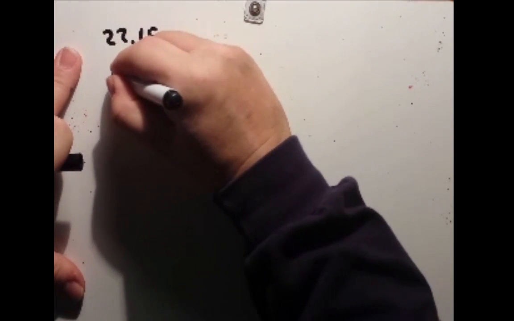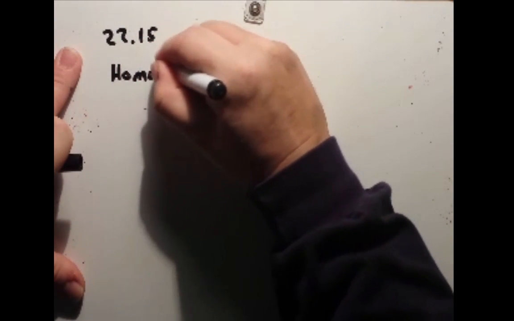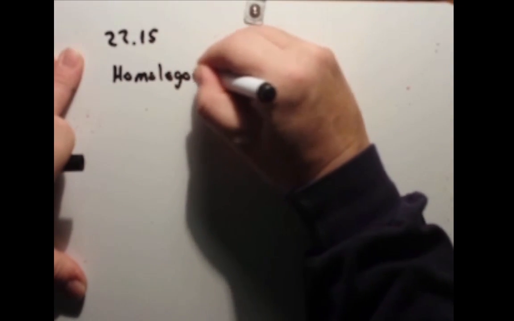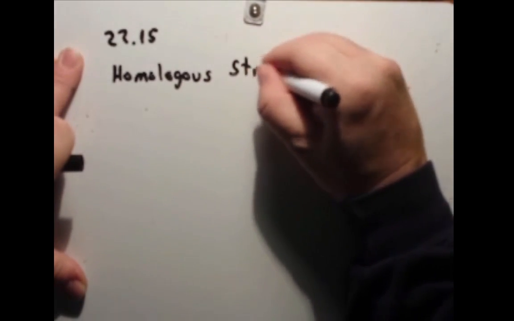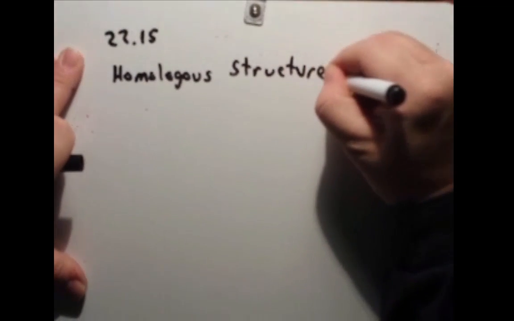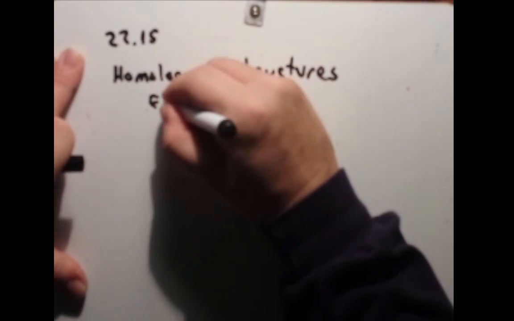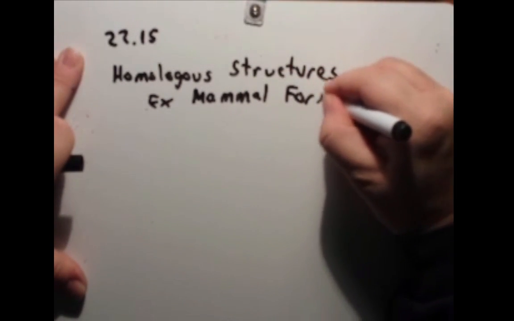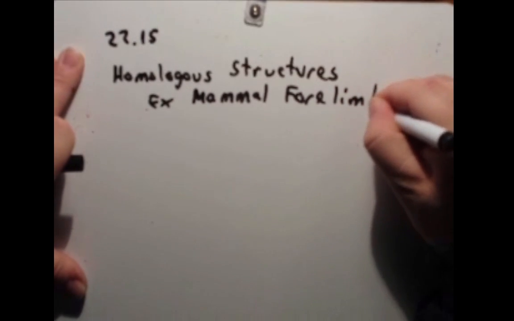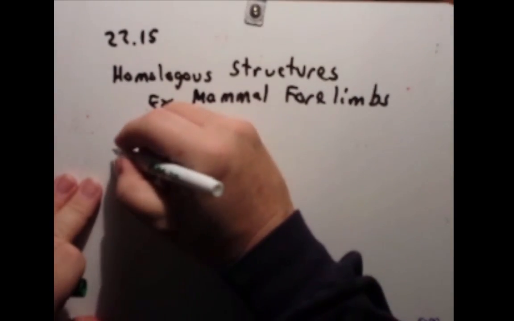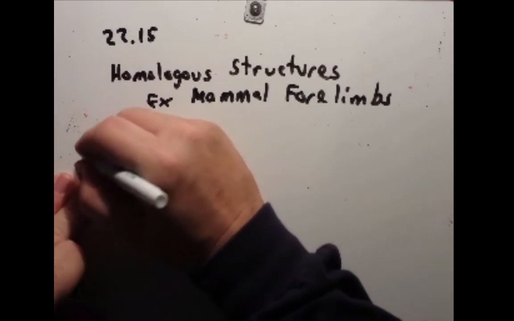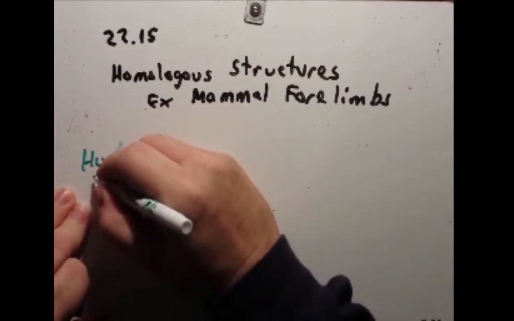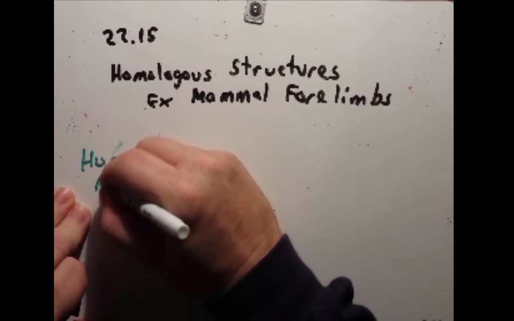So let's write homologous structures. And our example will be mammal forelimbs. So in the book they talk about human forelimbs, or human arms.